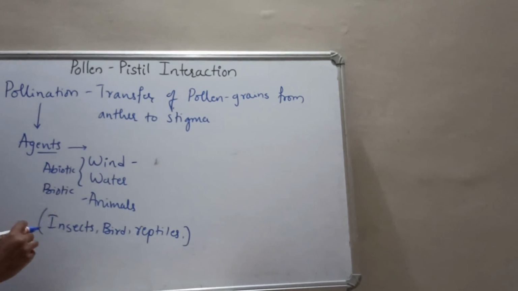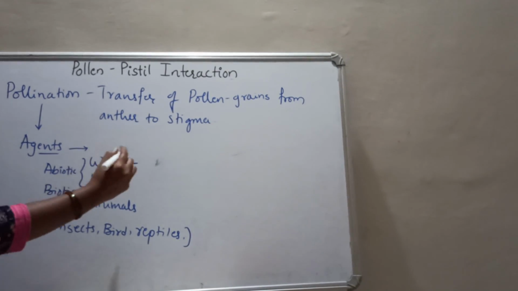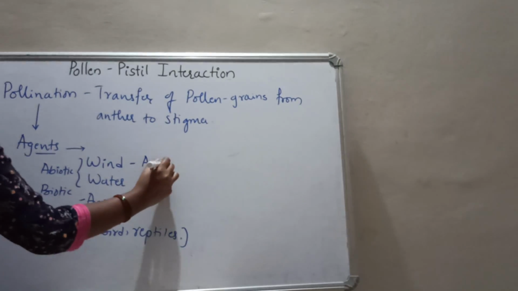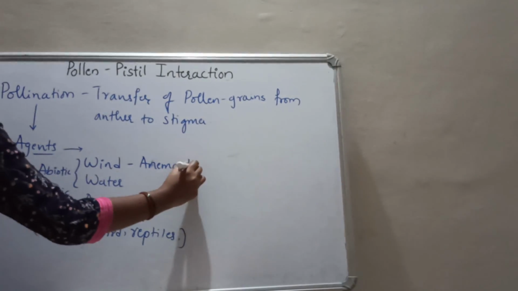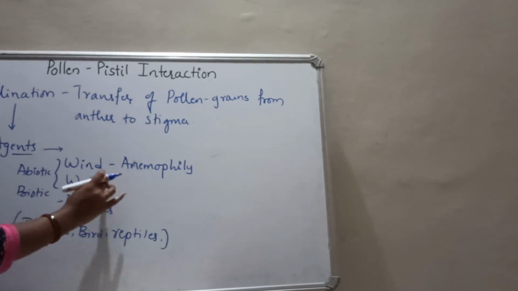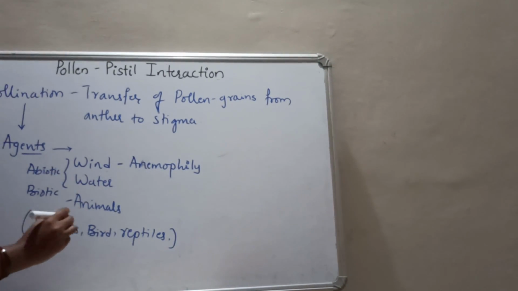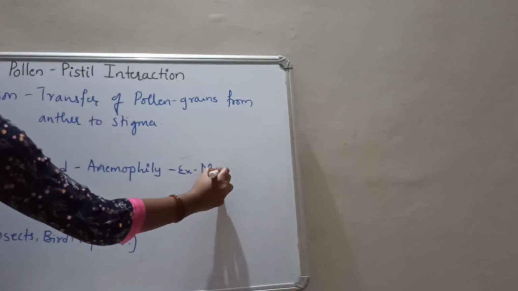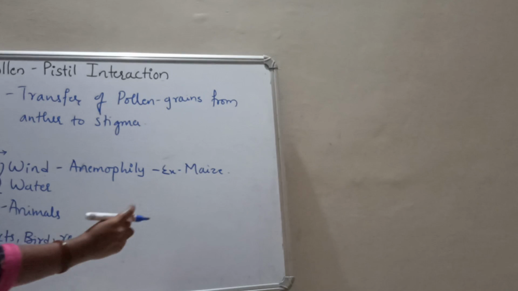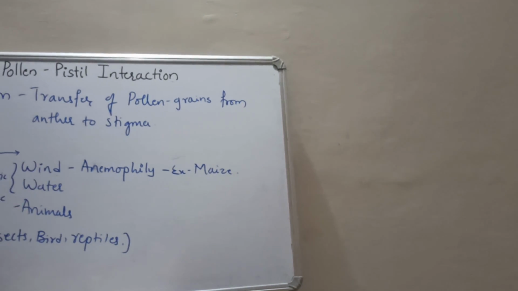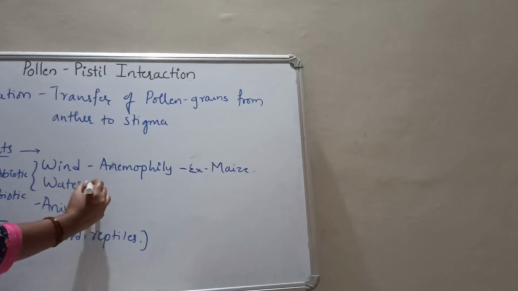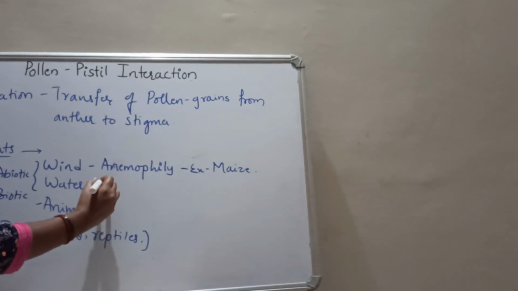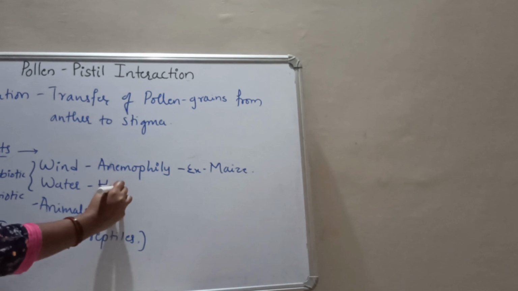Pollination that takes place with the help of wind is called anemophily. For example, maize and papaya are examples of anemophily. The second one is water. Pollination that takes place with the help of water is called hydrophily.